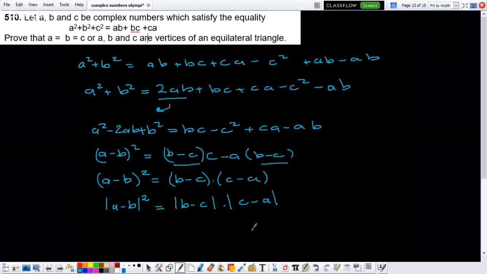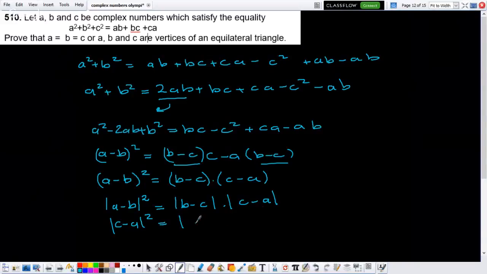Here, a minus b, b minus c times c minus a, if it is, at the same time, a minus c or c minus a, c minus a square, it's going to be equal to c minus a square.